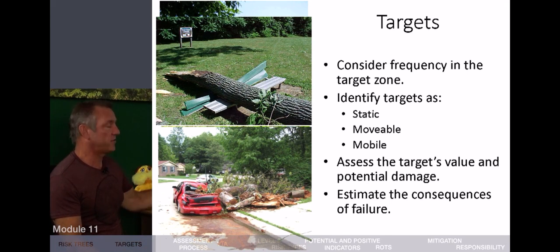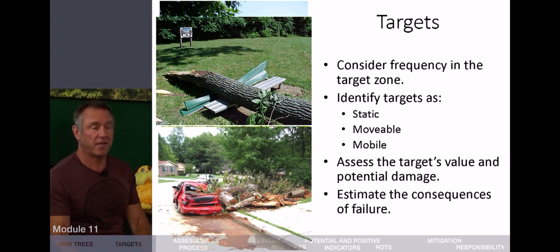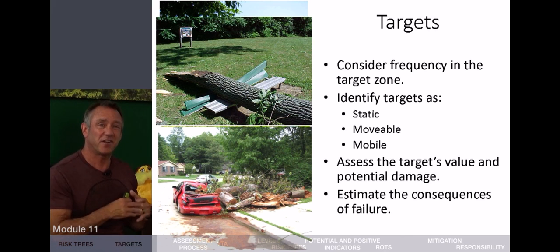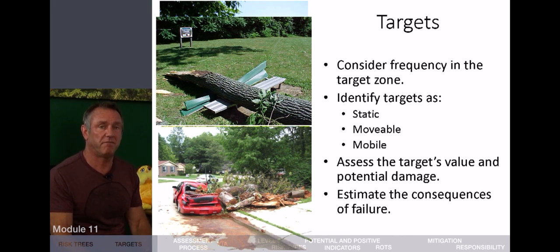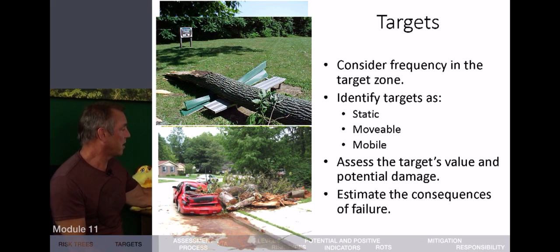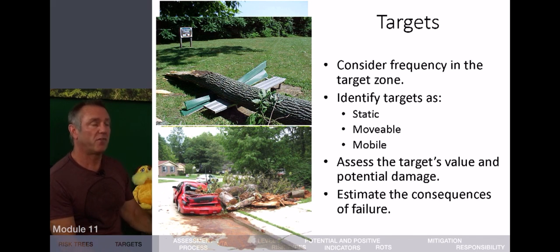Now, for example, this car: obviously streets become targets, but it's not necessarily the street that's the issue, because a tree can fall on a street without much other than incidental damage, but people walking down the sidewalk or cars parked or moving along the street are obviously going to be high value targets to consider in the process.